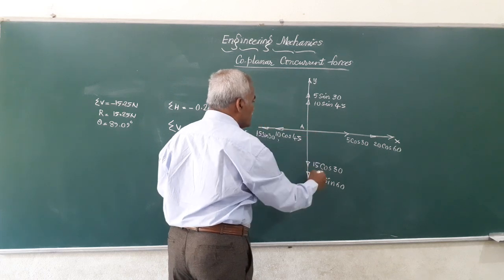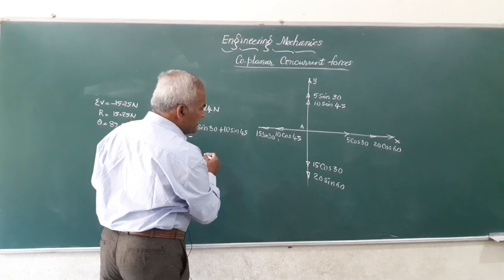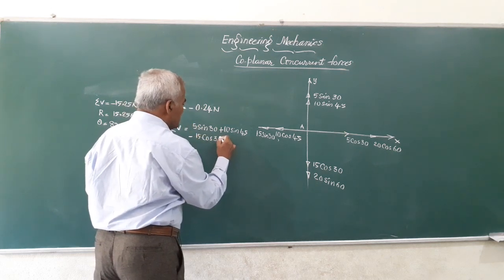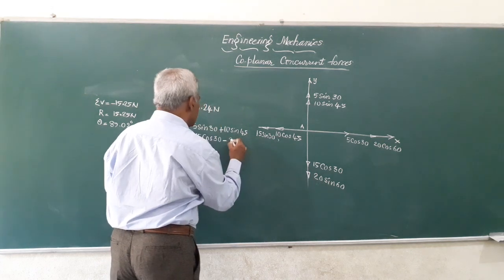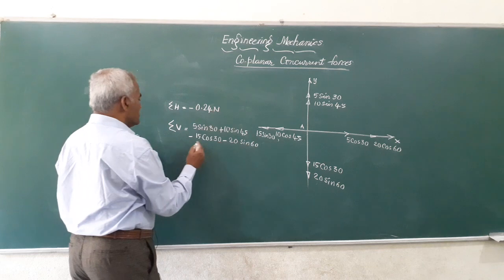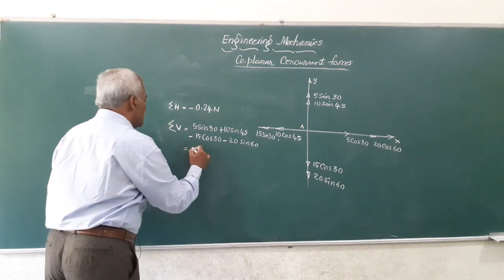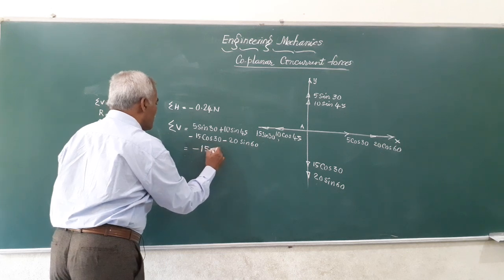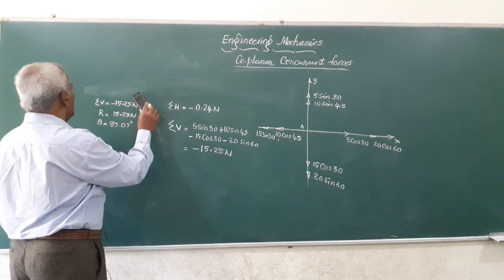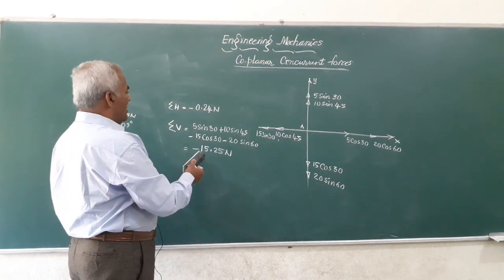Since they are acting downwards, we will affix negative sign for these two. So, this is minus 15 cos 30 minus 20 sin 60. Friends, if you calculate this using the calculator, you get sigma V equal to minus 15.25 Newton.